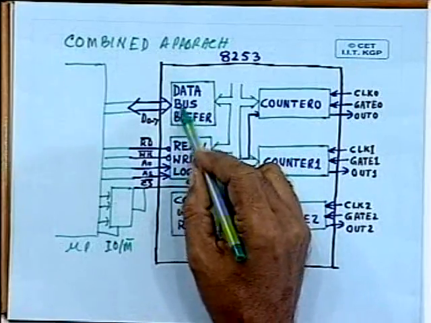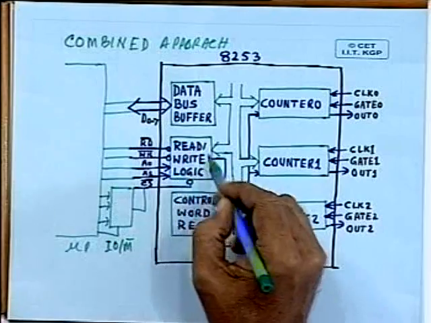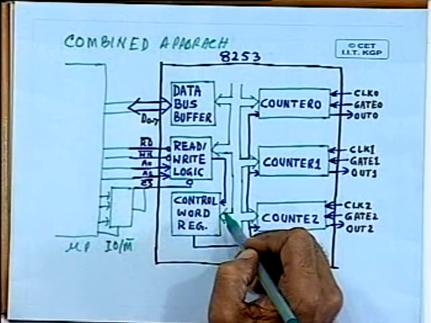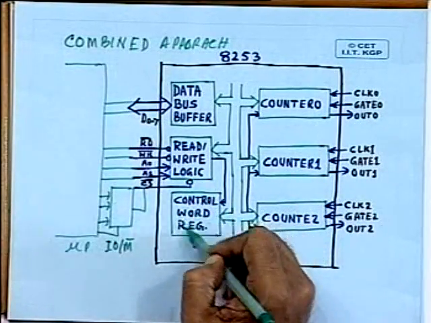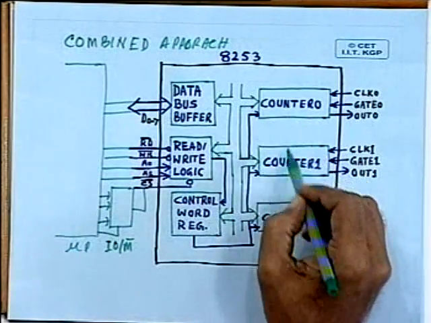It has got a data bus buffer where the tri-state buffers are there. Then there is a read write logic which controls several registers inside the chip. You have got only 4 registers.